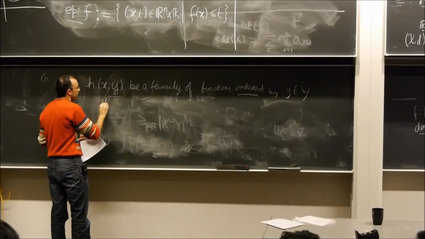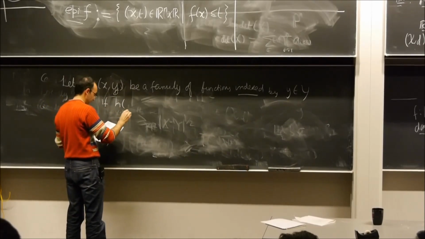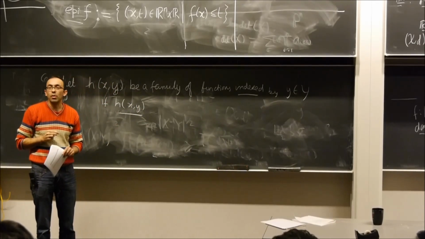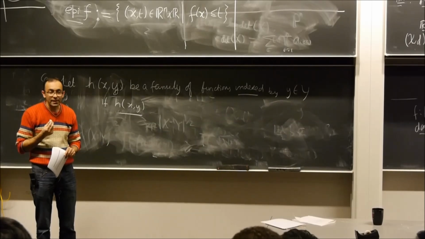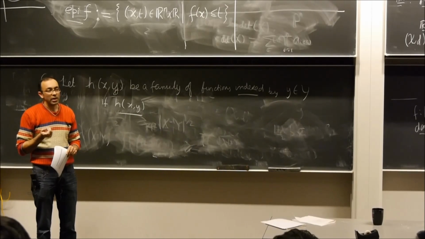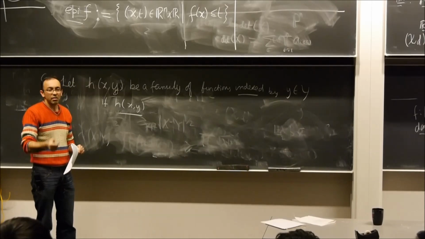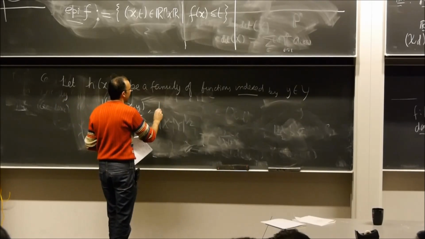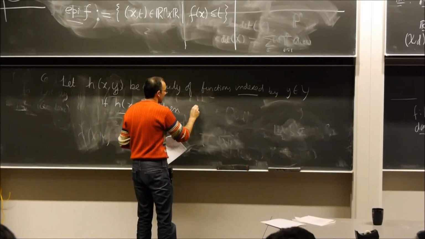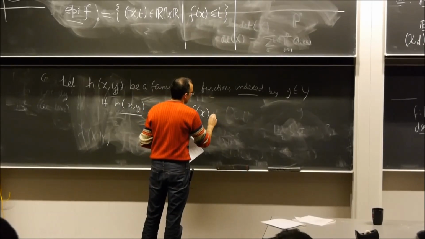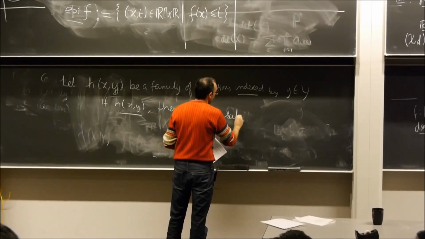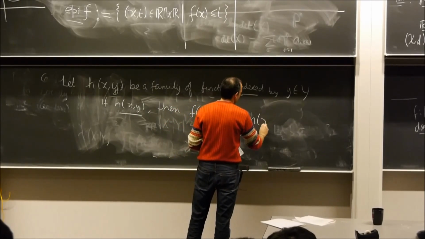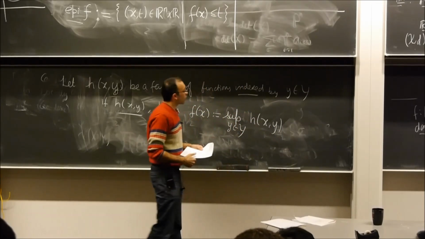Now if h of x comma y is convex in x for each y, just pick some y, and for that y h of x comma y is convex, then f of x obtained by taking the supremum over the entire family is convex.